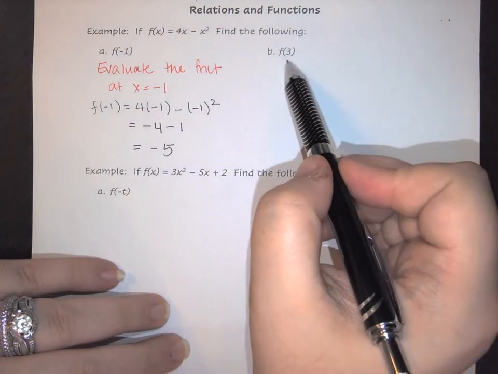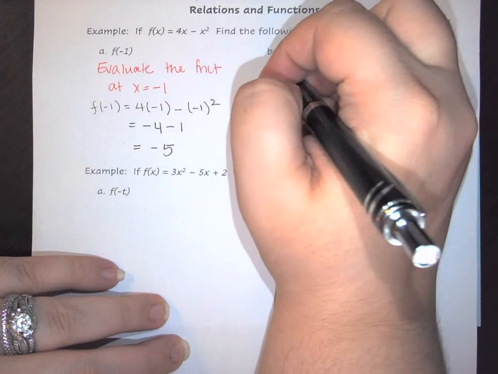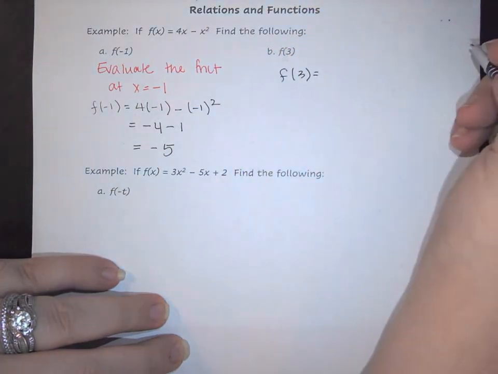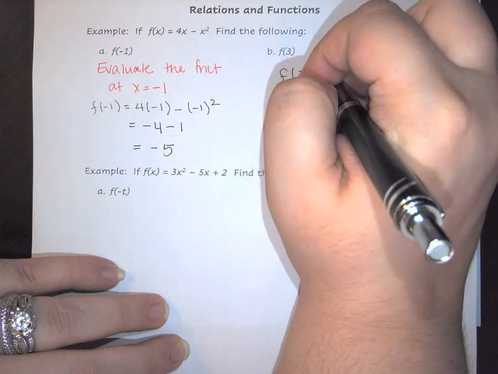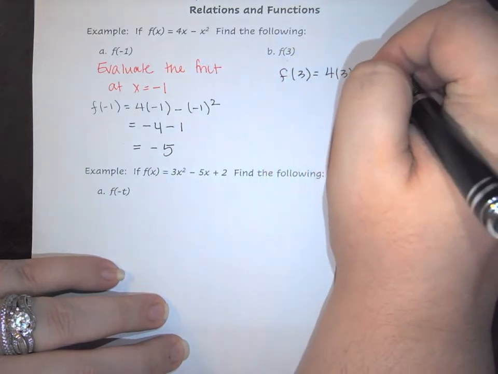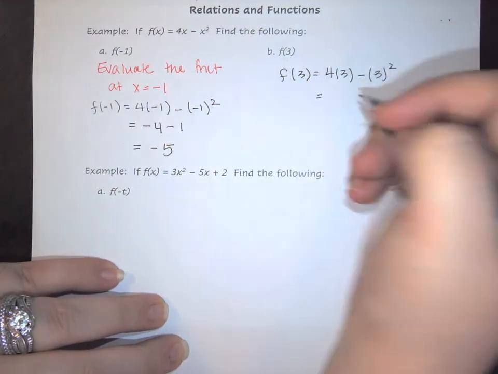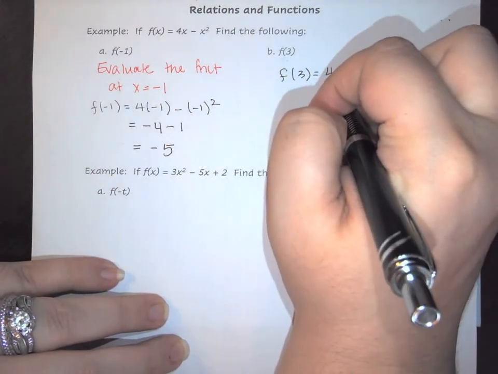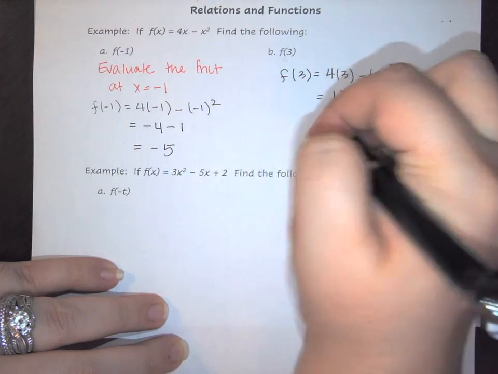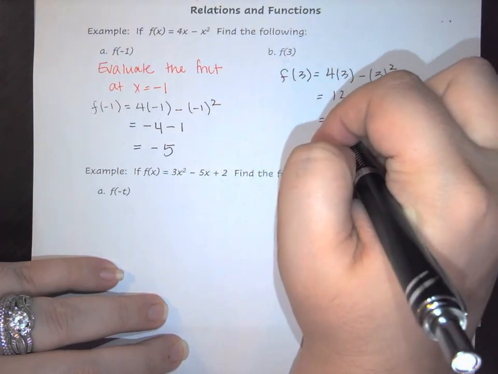In this case, I want to do f of 3. Just like before, anywhere I had an x, I'm going to substitute 3. So this becomes 4 times 3 minus 3 squared. So 4 times 3 is going to be 12. 3 squared is 9, so this is -9. Well, 12 minus 9 is 3.